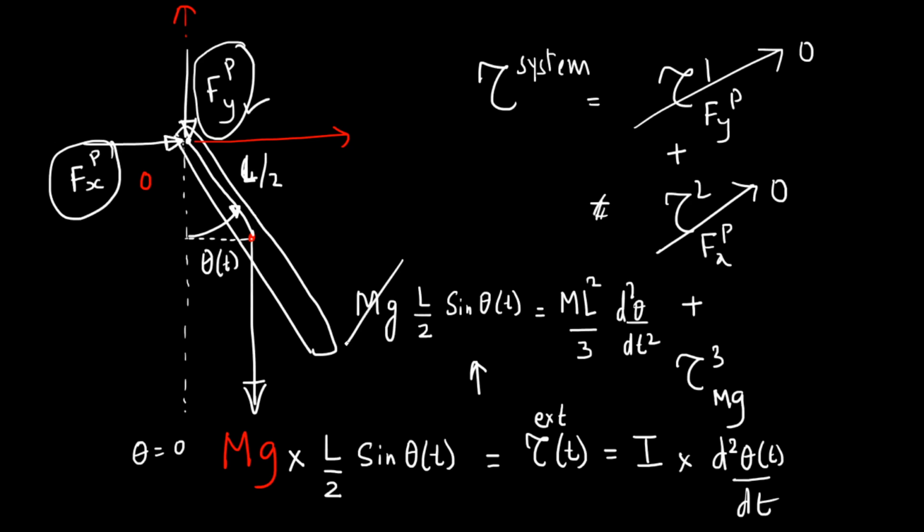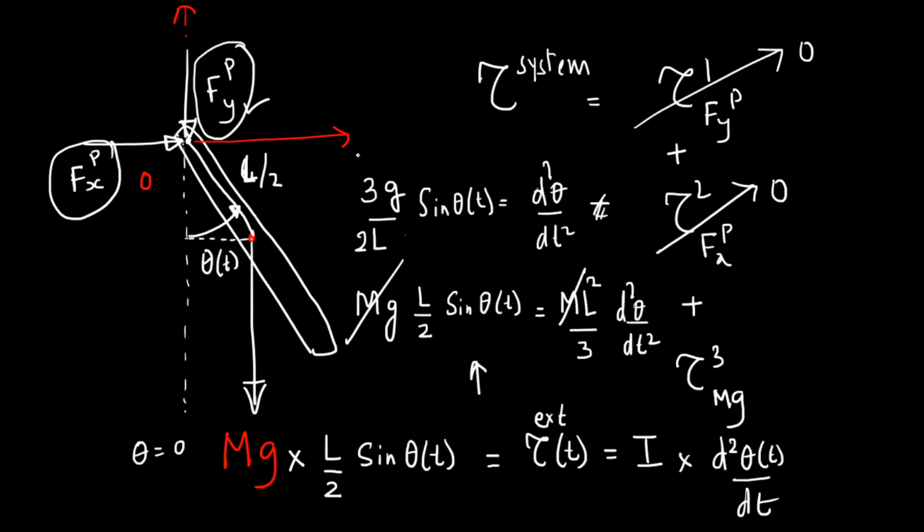So you can cancel m, and then you get 3g by 2L sine theta equal to d square theta by dt square.